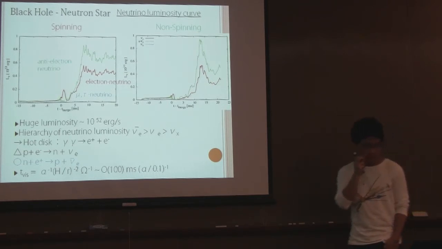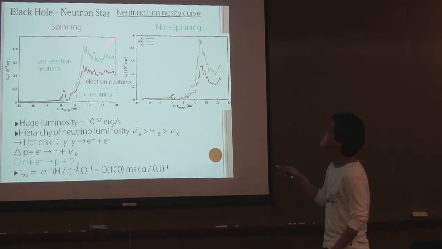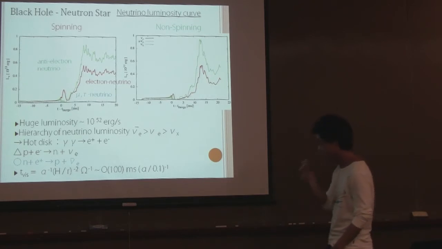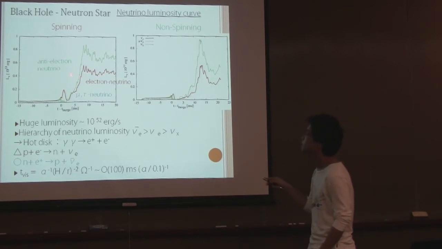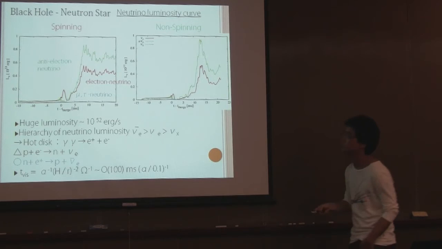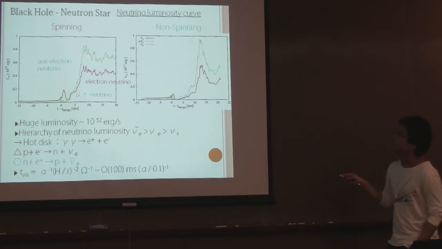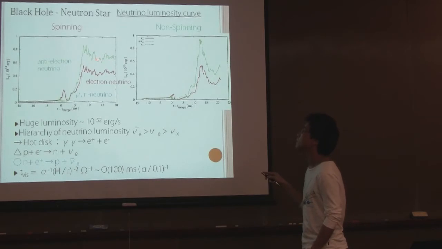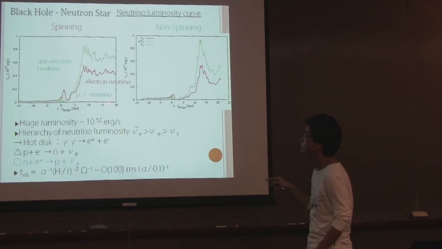This is the neutrino luminosity curve for the spinning models and the non-spinning models. The neutrino luminosity is enhanced after the merger, which means that the neutrinos are mainly emitted from the accretion disk formed by the tidal disruption. The hierarchy of the neutrino luminosity amplitude is anti-electron neutrino, electron neutrino, and the others.